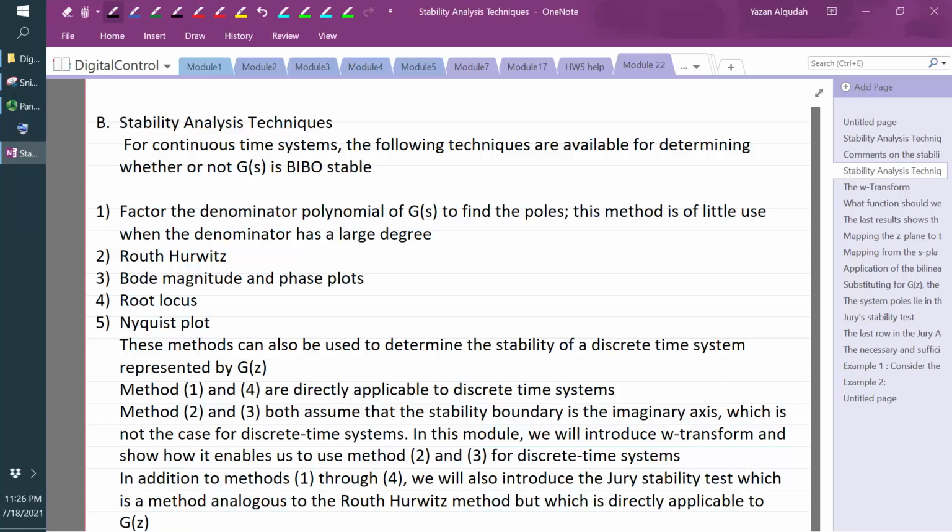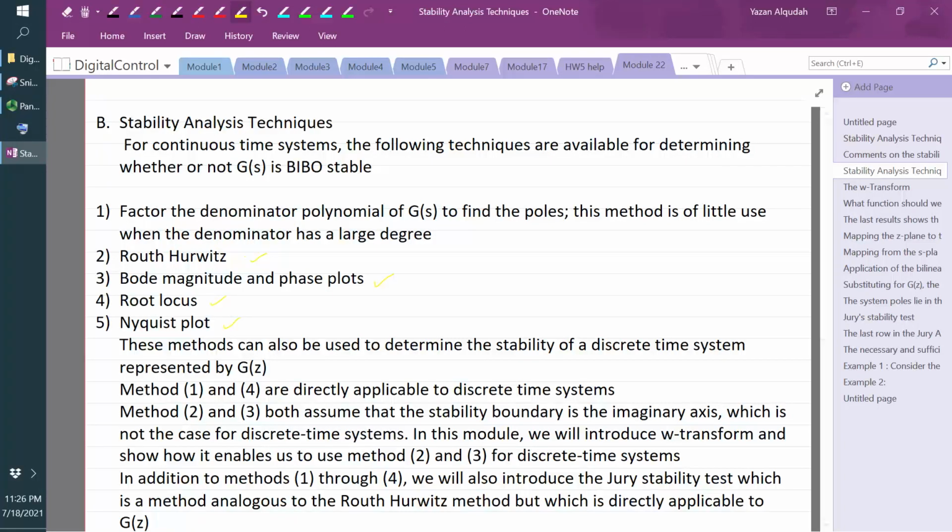Another technique we use to determine stability is Routh-Hurwitz. We can also use Bode magnitude and phase plots, which we will talk about in a future module. We can look at root locus to determine stability. We can also look at Nyquist plots to determine stability.